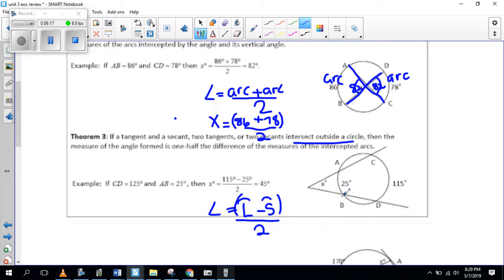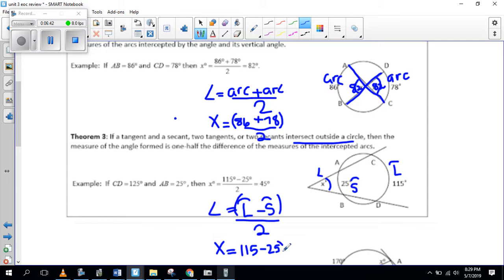So we come here, we find our large arc. The large arc is always going to be on the outside. So here's my large arc. Here's my small arc. And then this is the angle I need to find. So all we have to do is plug in. So x equals my large arc of 115 minus 25 over 2.